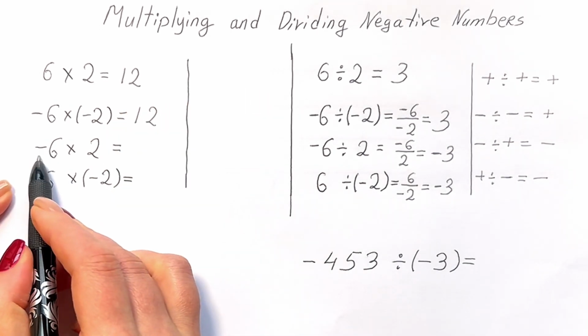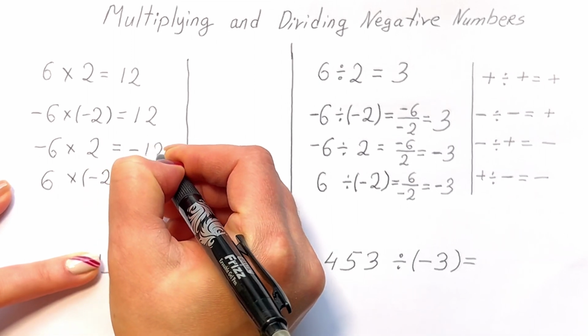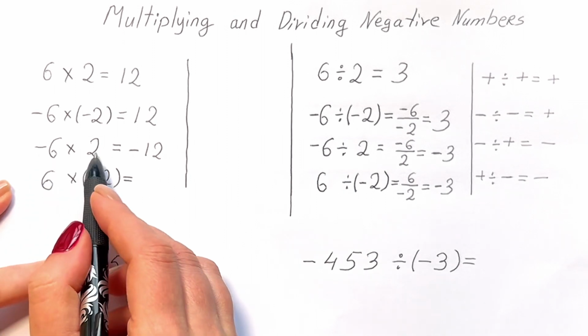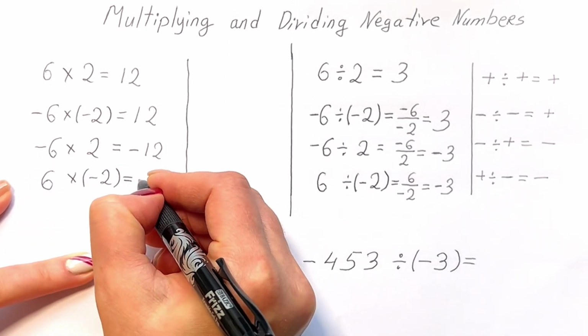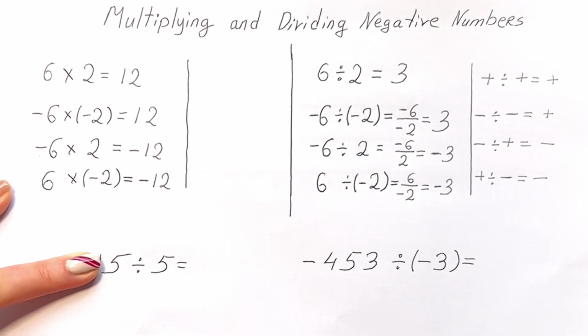If we have one negative and one positive, the answer will be negative. If we have one positive and one negative, or negative positive or positive negative, it doesn't matter. The answer will be negative. So, let's see what we did here.